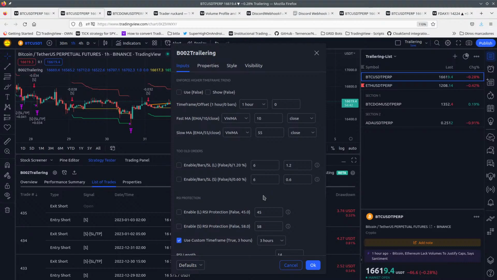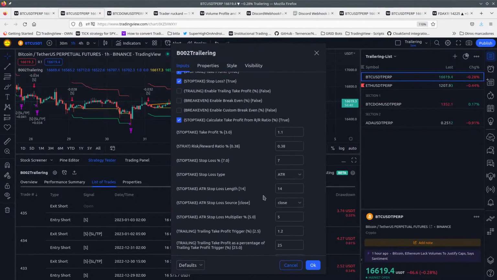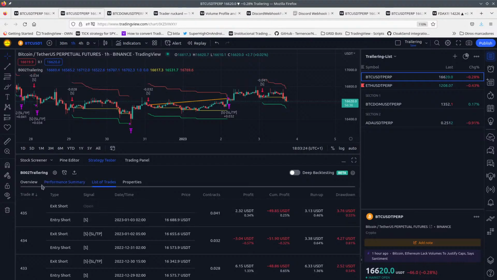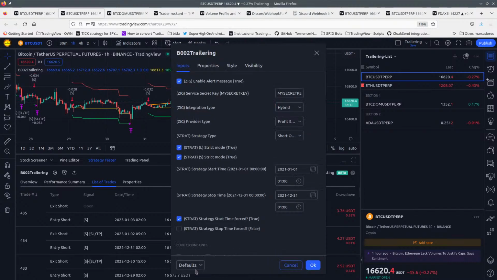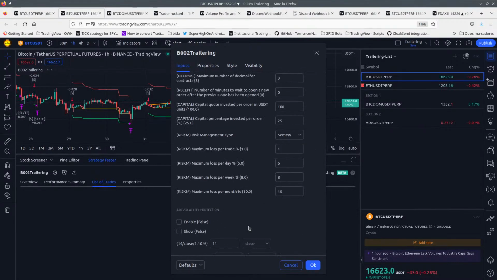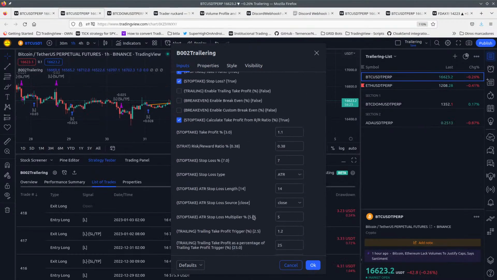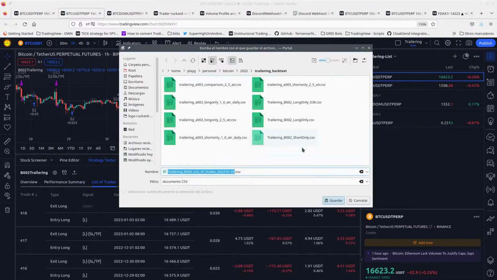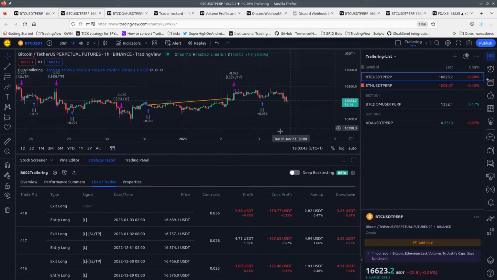Are we doing this properly or not? Yeah, 0.38. Wait a moment, let's reset everything. Yeah, that's right. This is long only, and we should have 0.38 here. That's right. Here, let's override.